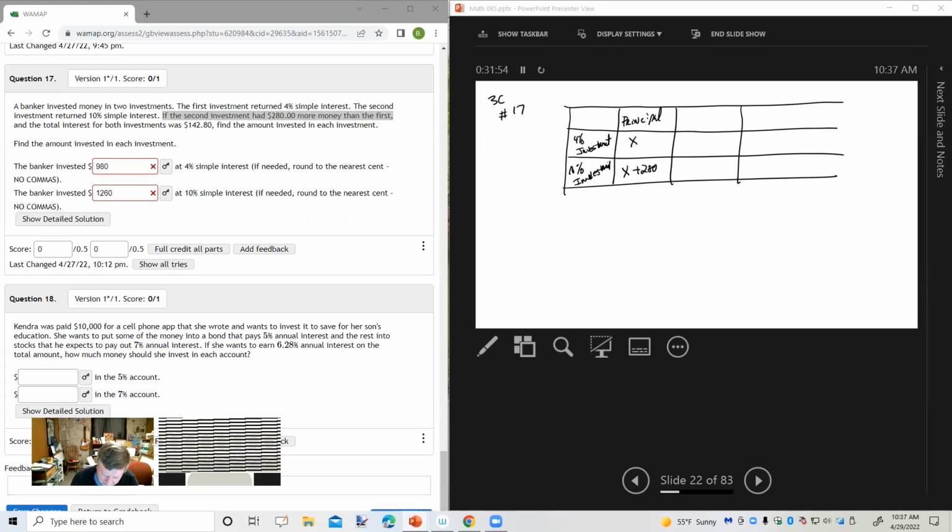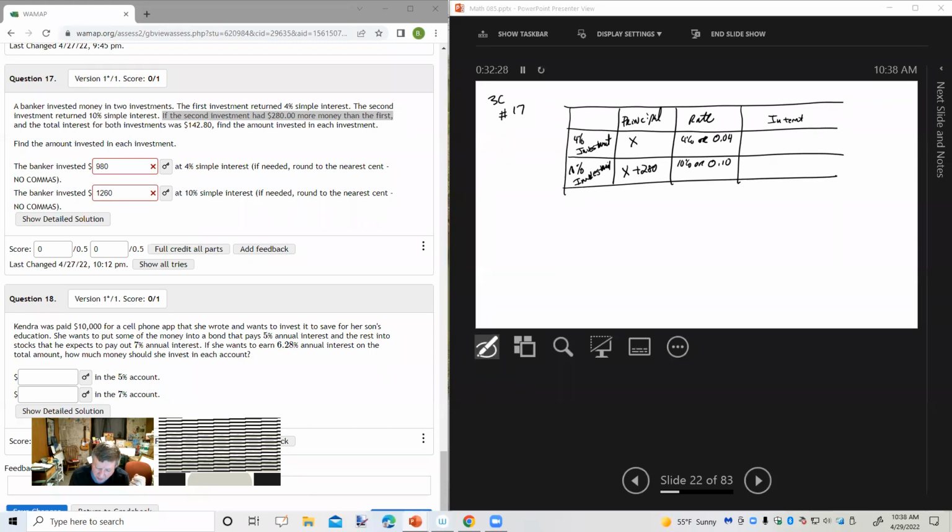Okay, let's see. Then we have the rate. And the rate for the 4% is 4%, or I'm going to write that as a regular number, a non-percent number, and then 10% or 0.10. Okay. Now, they don't really mention time here, but the assumption is that I guess it's 1 year.